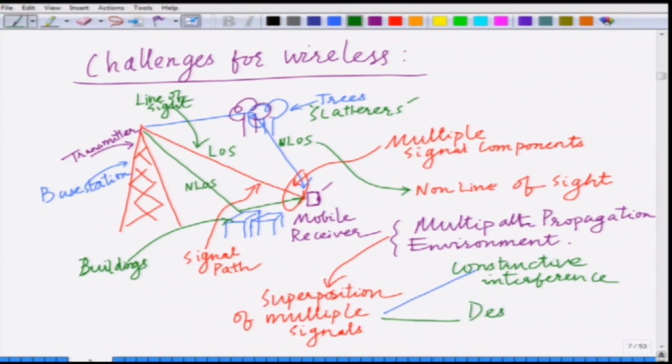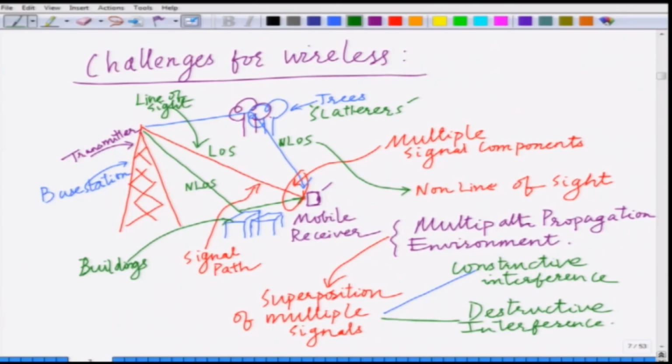If the interference is constructive, that enhances the signal amplitude. If the interference is destructive, then that attenuates the signal.